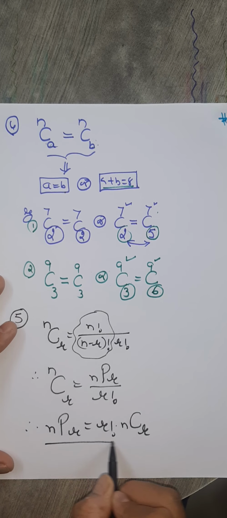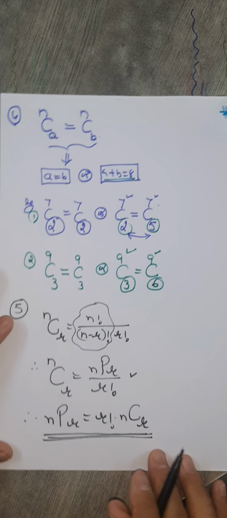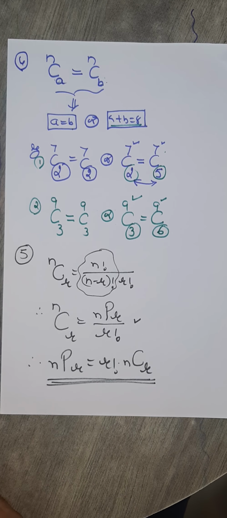This is always true whichever you write. Whether you write this or this, both are same. This is always true. This is the relation between NPR and NCR. Fine. Always true, remember.